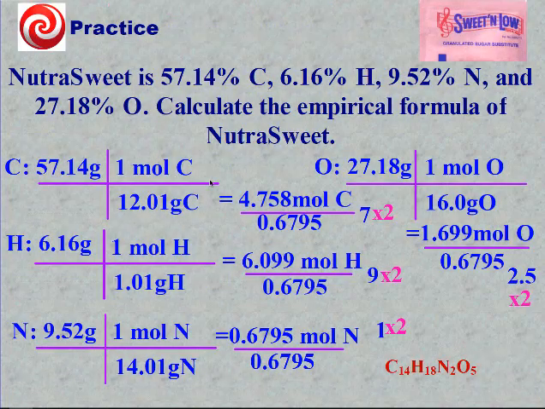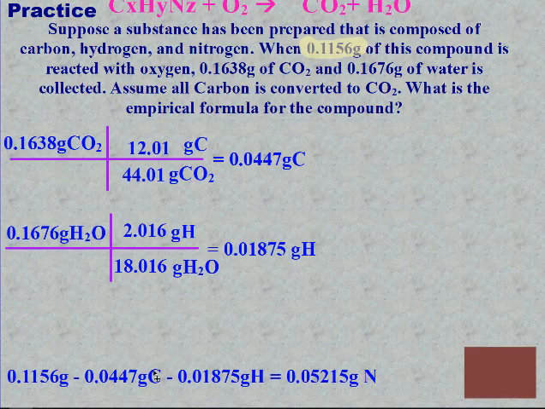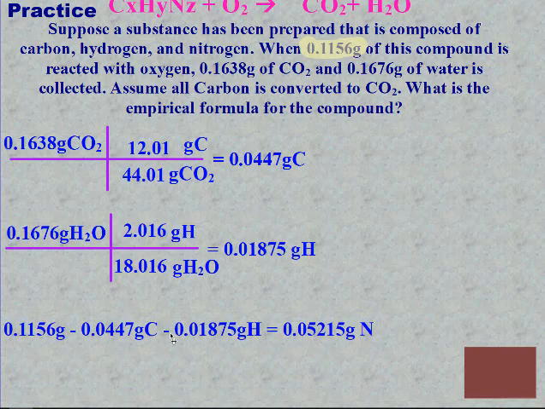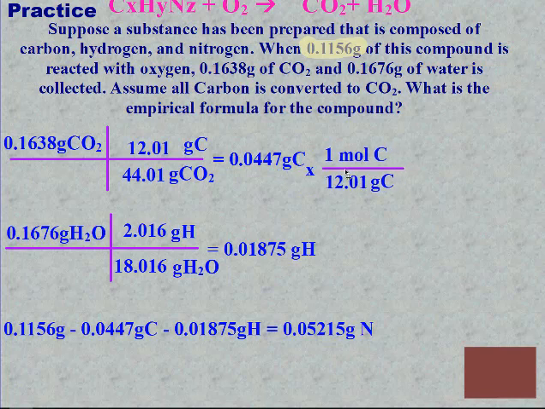So just for reference, now we have this starting off point. Now we need to do all these other steps. The only thing that makes this problem more difficult is you have to do this initial step. So I have my grams of carbon. I need to convert that to moles. And then I have my grams of hydrogen.